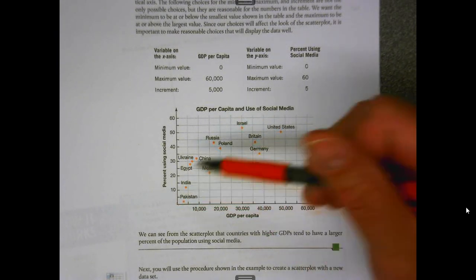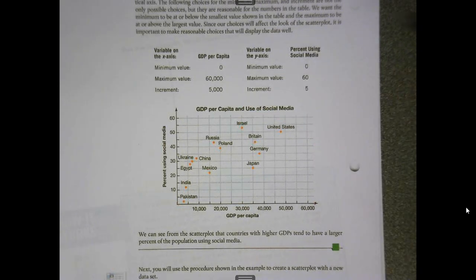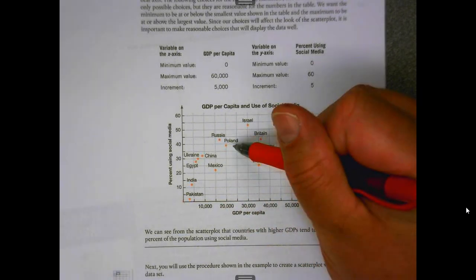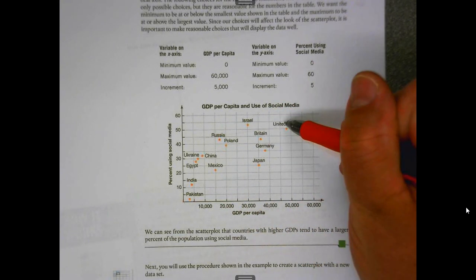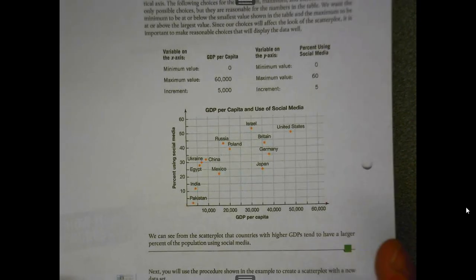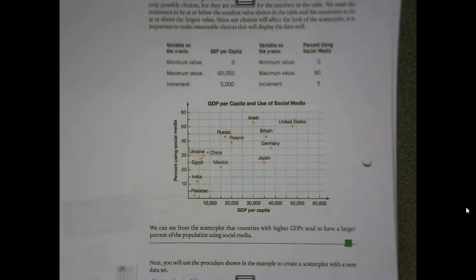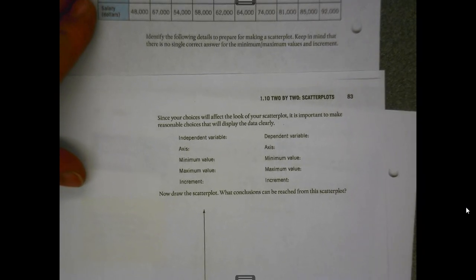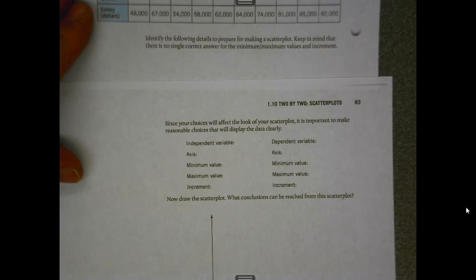All right, so let's look at our problem that they want us to do. So here's my data. I have experience. So here, let's read this. Consider the following data on years of experience and salaries of the employees of a small business.